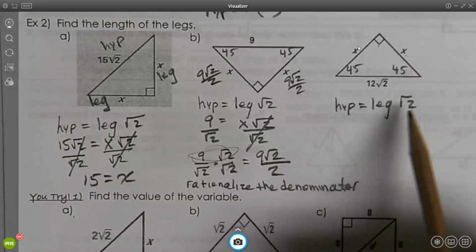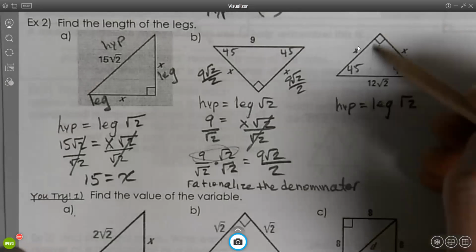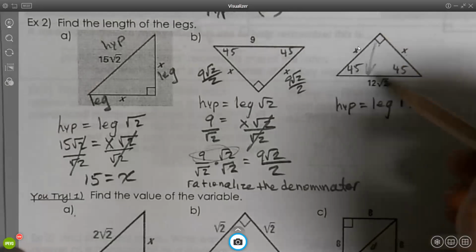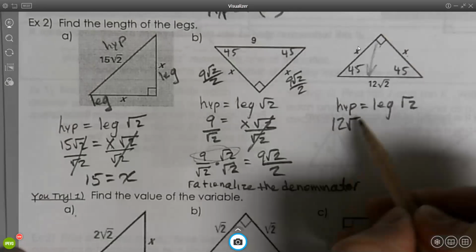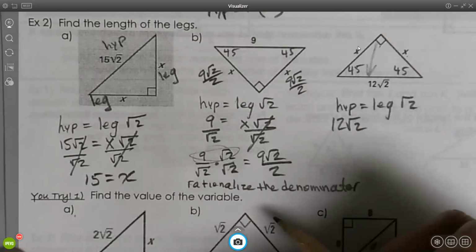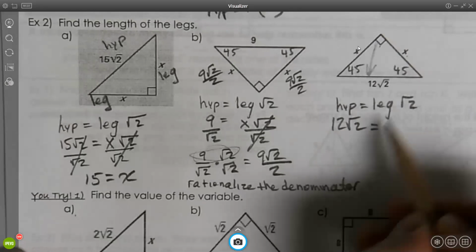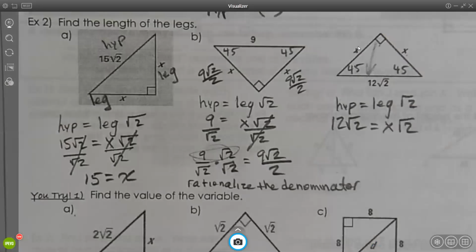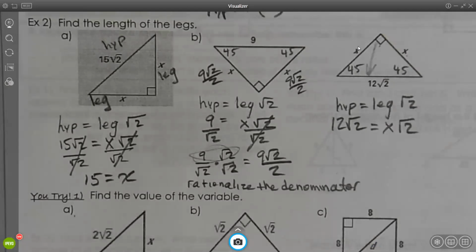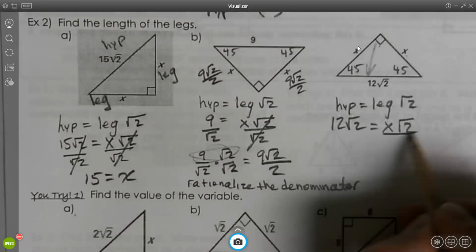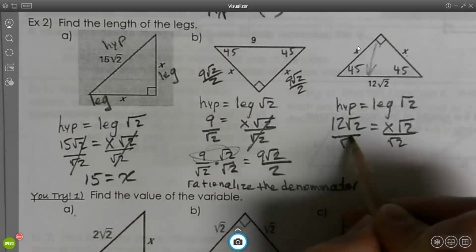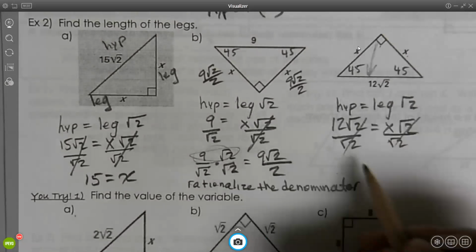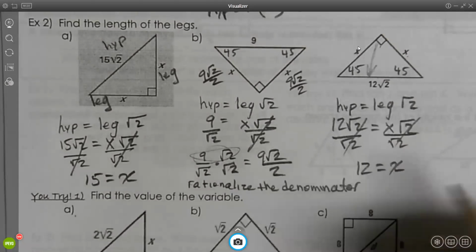The hypotenuse is across from the 90, so that is the 12√2. The legs are the 2 perpendicular sides, so that's x√2. And yes, we would divide by root 2 and divide the same thing to the other side. They cross out. So we get a value of x.